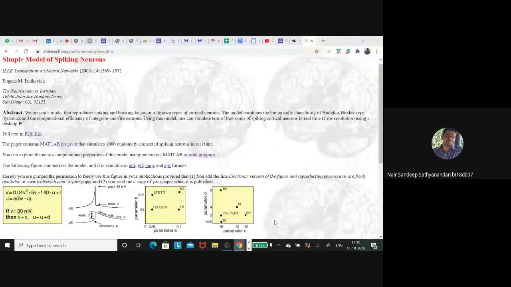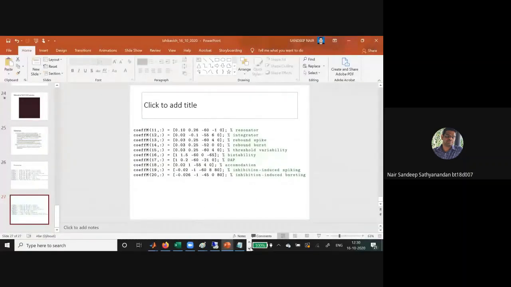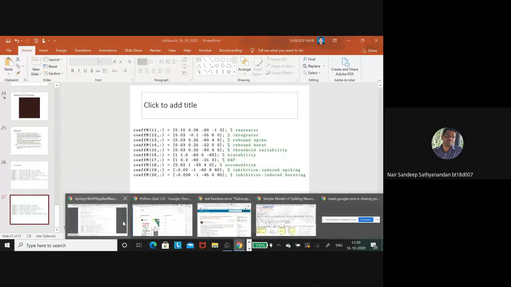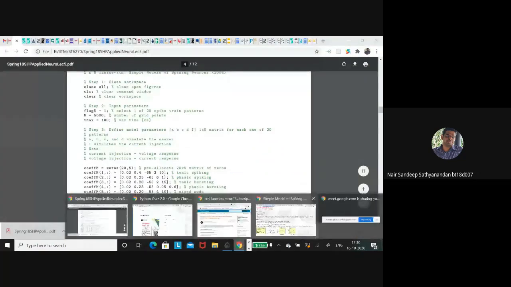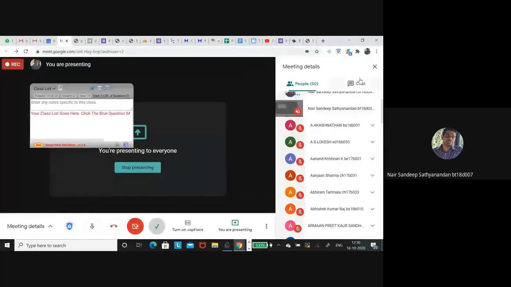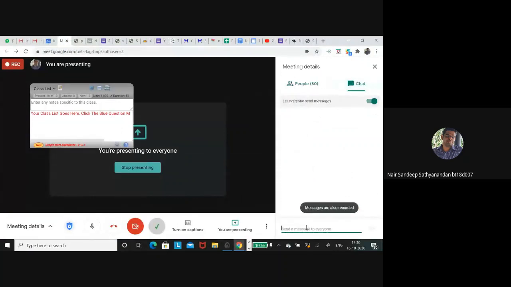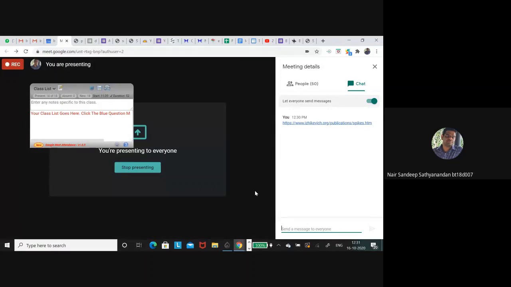Maybe I will paste that link in the chat so that if someone has missed it, they can look into it. So this is the MATLAB code, and everything is present in that file itself.